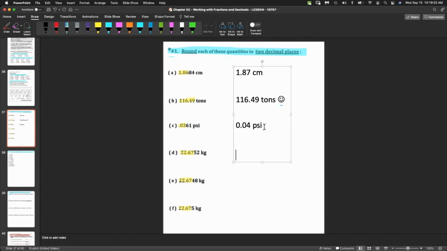So in this case, 22.6, is it 7 or 8? It's going to be 8. You see here, there's a 5 coming after it, so the 5 is going to round it up to an 8.